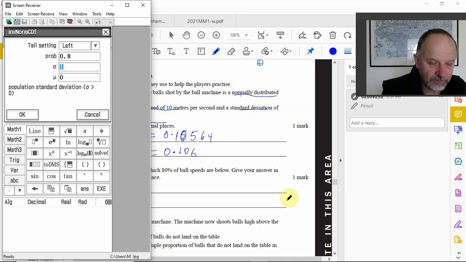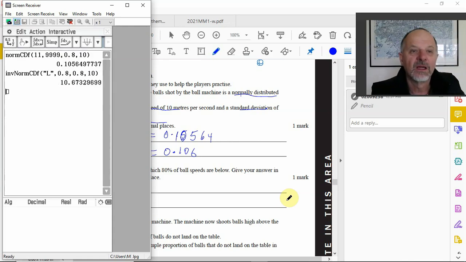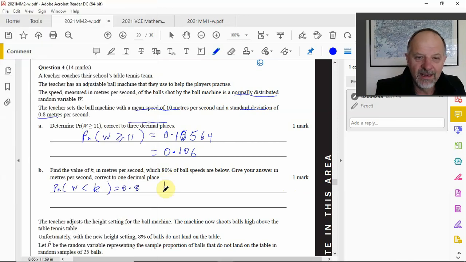Our population standard deviation is 0.8 and population mean was 10, yes, just checking that. And so then we've got 10.6732 and some other stuff. So K equals 10.6732 and some other stuff.